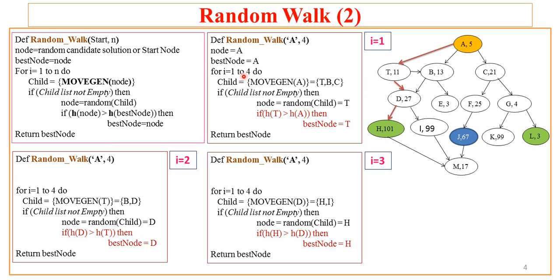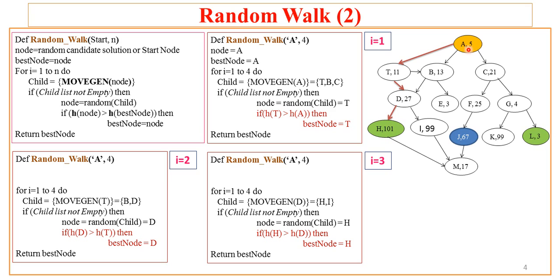Now our algorithm will iterate from 1 to 4. That means it will make 4 iterations as the n value is 4. Now it takes the initial starting point A as the node and will call MOVEGEN, so that the MOVEGEN function will take node A as the node to be explored.